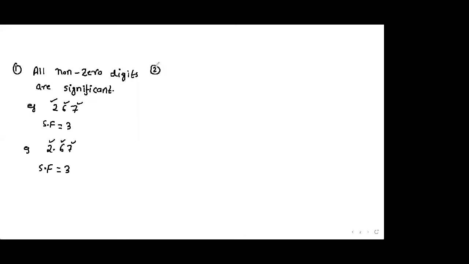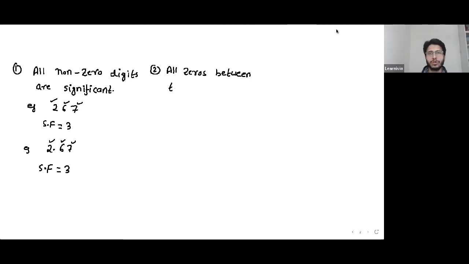That's the first rule. The second rule, if you have zeros in your measurement, then all zeros between two non-zero digits are significant.